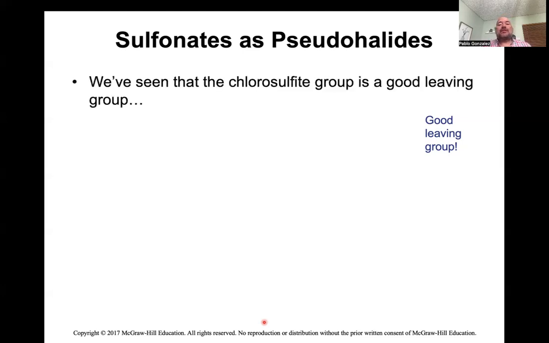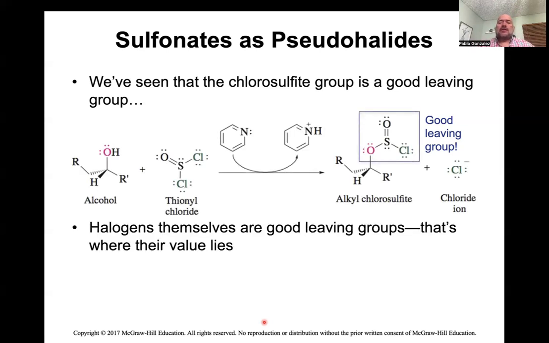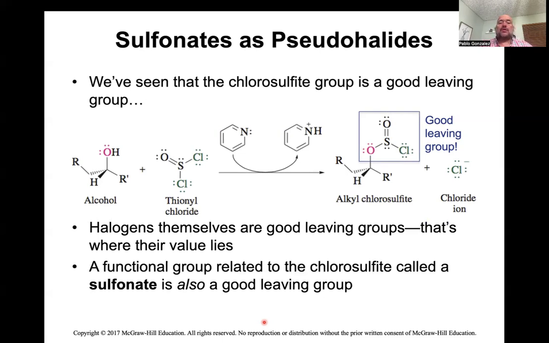We've seen that chlorosulfite groups are a good leaving group, as we saw before. Halogens themselves are good leaving groups. That's where their value lies, as I mentioned. So a functional group related to the chlorosulfite, called a sulfonate, is also a good leaving group. This is the sulfonate.